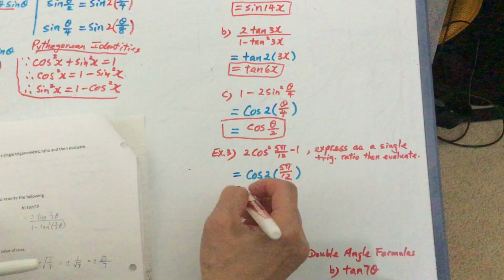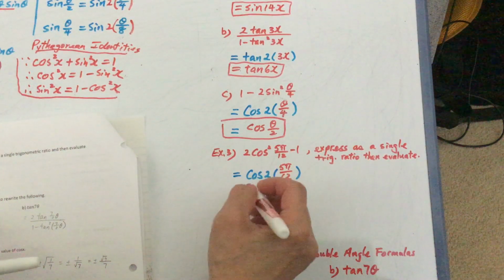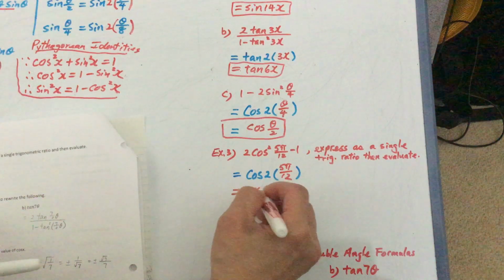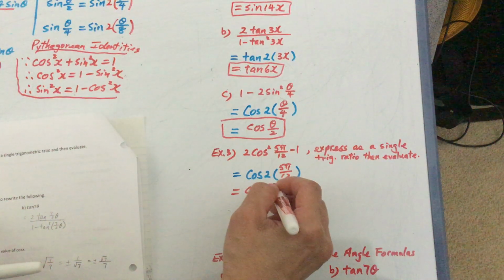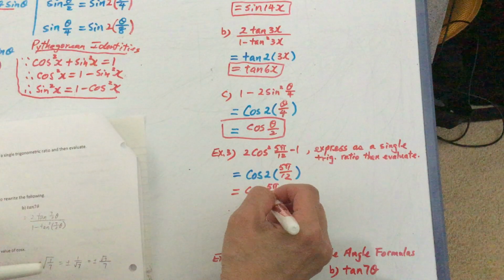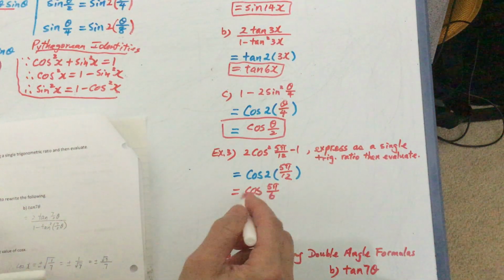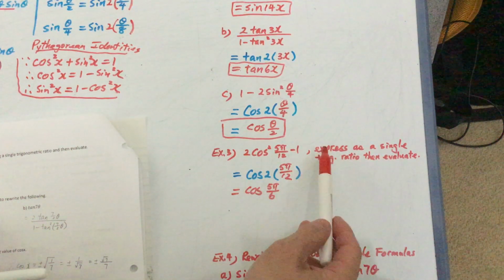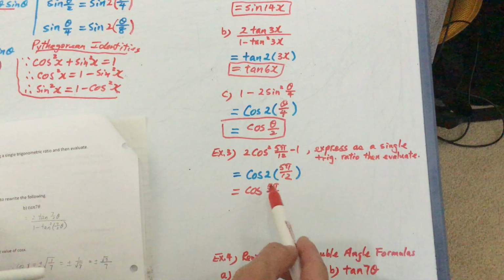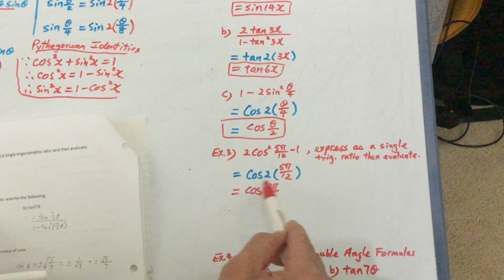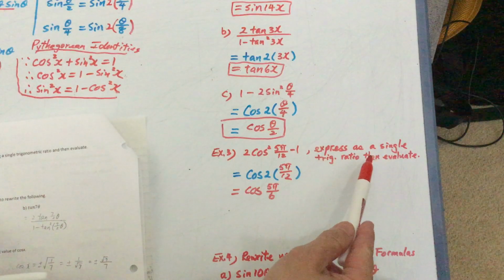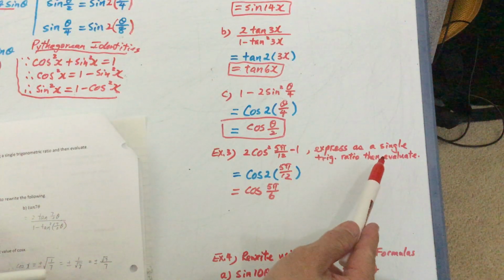So from here, you can go further, simplify this into 5 pi over 6. Okay, so this is what it means by expressed as a single trig ratio. So this now becomes a single trig ratio, and now you can start to evaluate this.